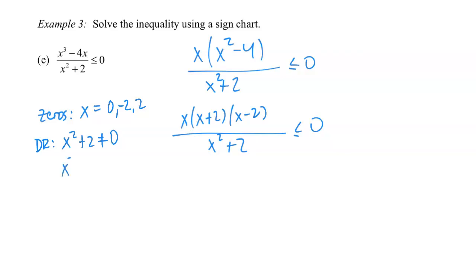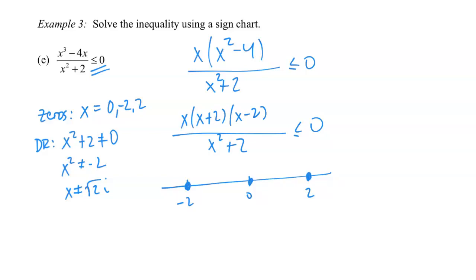And so what am I going to get here? x squared cannot equal -2, so x cannot equal the square root of 2i, which is not a real number, and so therefore on my number line I'm not going to have any domain restrictions, but I am going to have zeros at -2, at 0, and at 2. And looking back at the inequality symbol, this says that I am going to include the zeros in my answer.